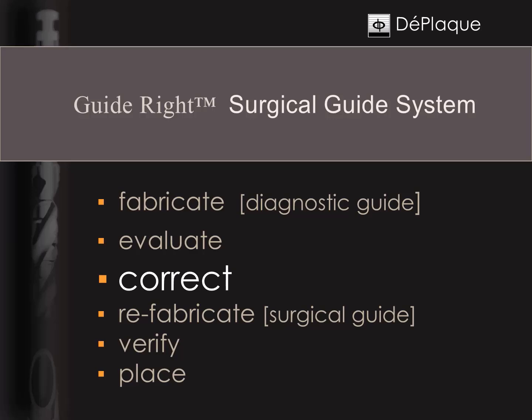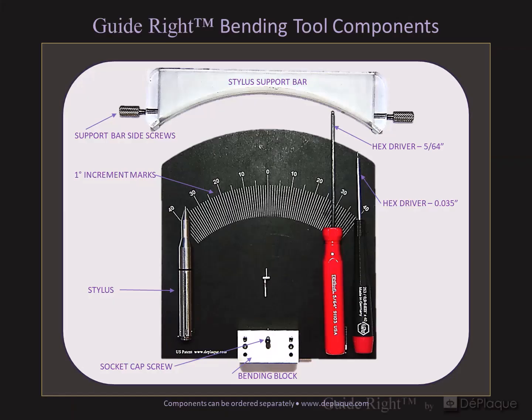The correction will be made with a straight 2-piece guidepost by bending it 12 degrees toward the lingual with the GuideRight bending tools. The components of the bending tools are illustrated here.